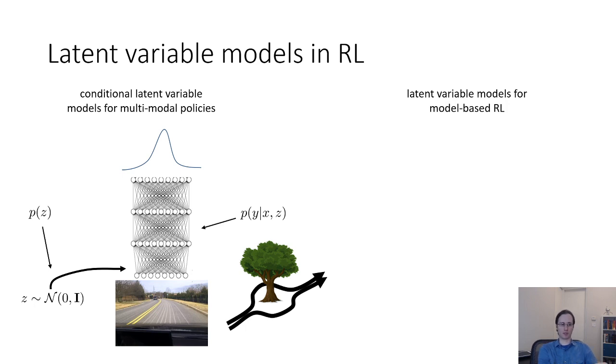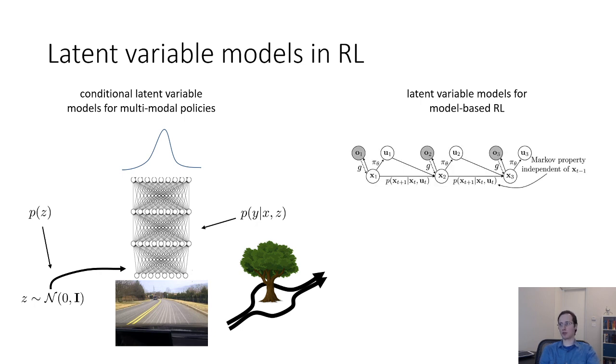Another case where these kinds of things come up is model-based reinforcement learning. So you could have latent variable models in model-based reinforcement learning. We already saw an example of this when we talked about model-based RL with images. So we saw these examples of latent state models where you observe images O and you want to learn a latent state X that depends on actions U. And here we actually have a more complex latent space.